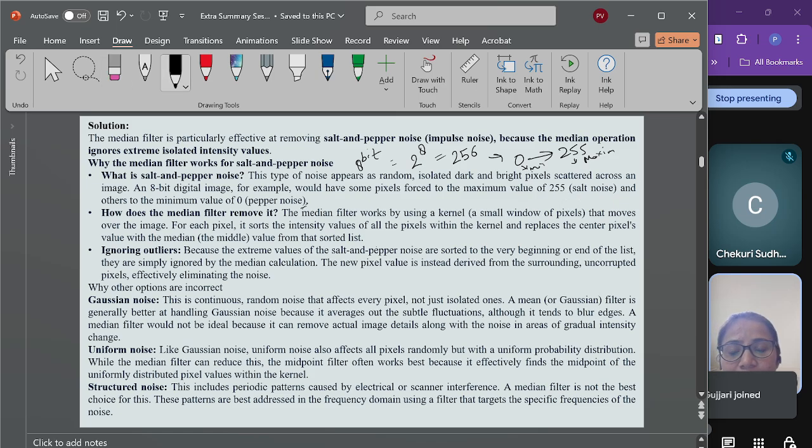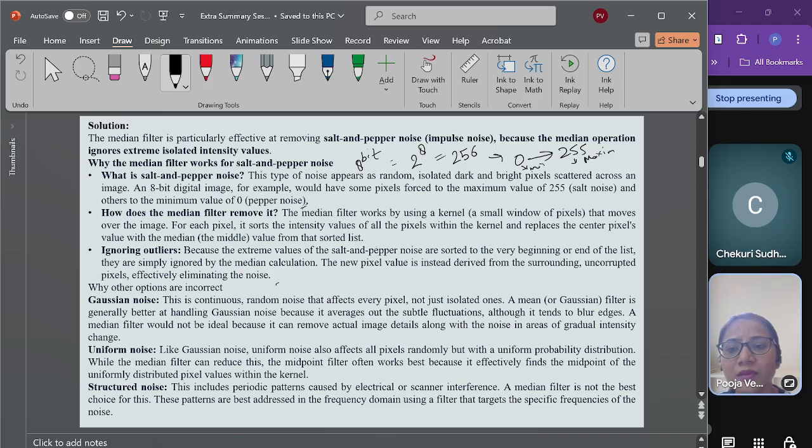Also it helps to ignore outliers. Because the extreme values of the salt and pepper noise are sorted to the very beginning or the end of the list, they are simply ignored by the median value, and the new pixel value is derived from the surrounding uncorrupted pixels, effectively eliminating that noise.